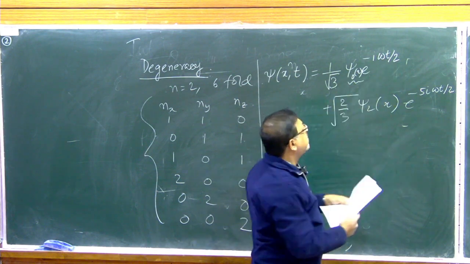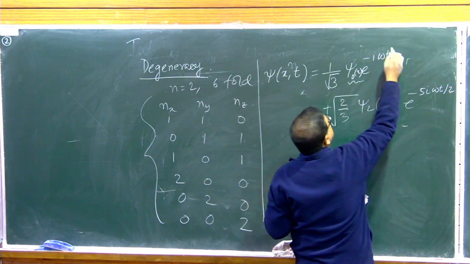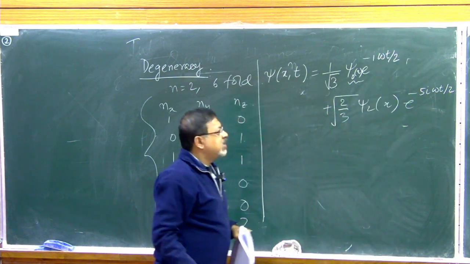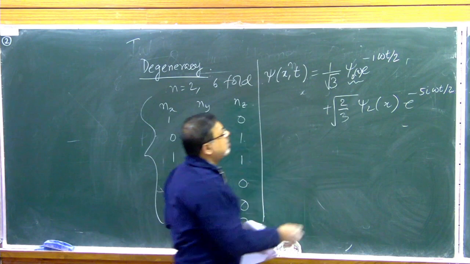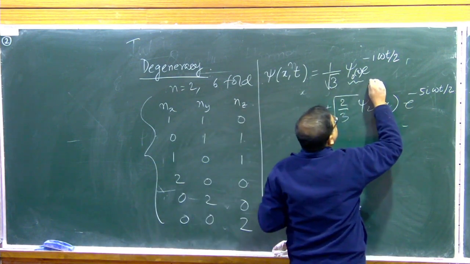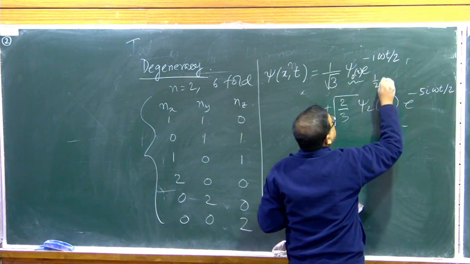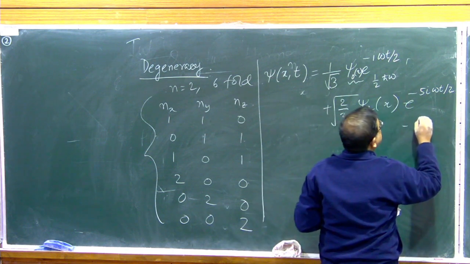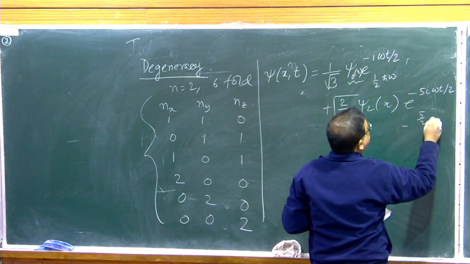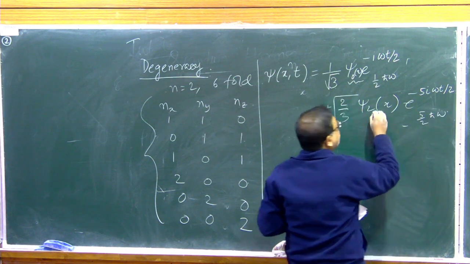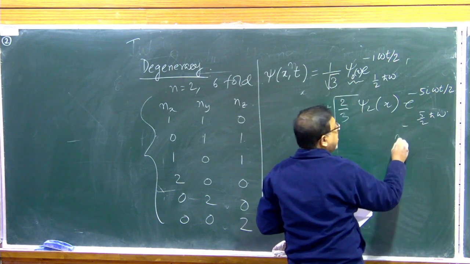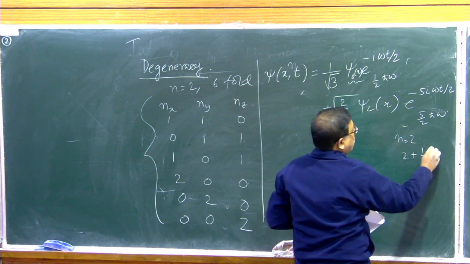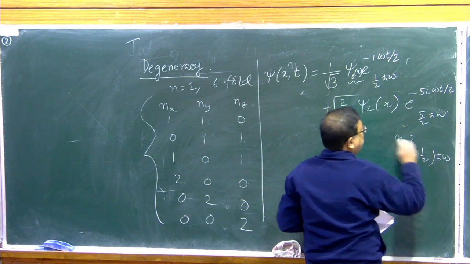I have not written the h cross, but you can write it; there is also an h cross that cancels with this. That's why it's written as omega t by 2. This has an energy which is half h cross omega. This has an energy which is 5 half h cross omega, and that corresponds to n equal to 2, because n equal to 2 gives 2 plus half h cross omega, which is 5 half h cross omega.